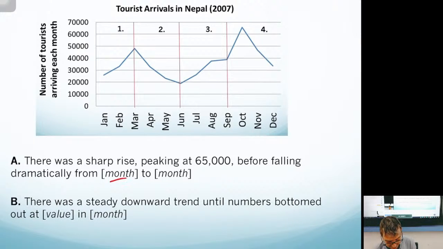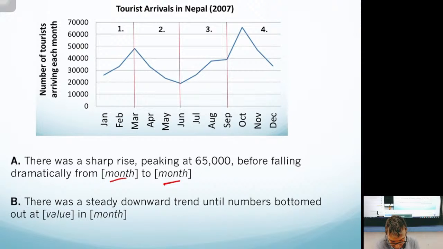It's not too easy. I don't want to make it too easy, so you can tell me the month there also. So from what month to what other month? So there was a sharp rise, peaking at 65,000 before falling dramatically from one month to another month. Okay? So on your piece of paper, just put the letter next to the number and also the months.